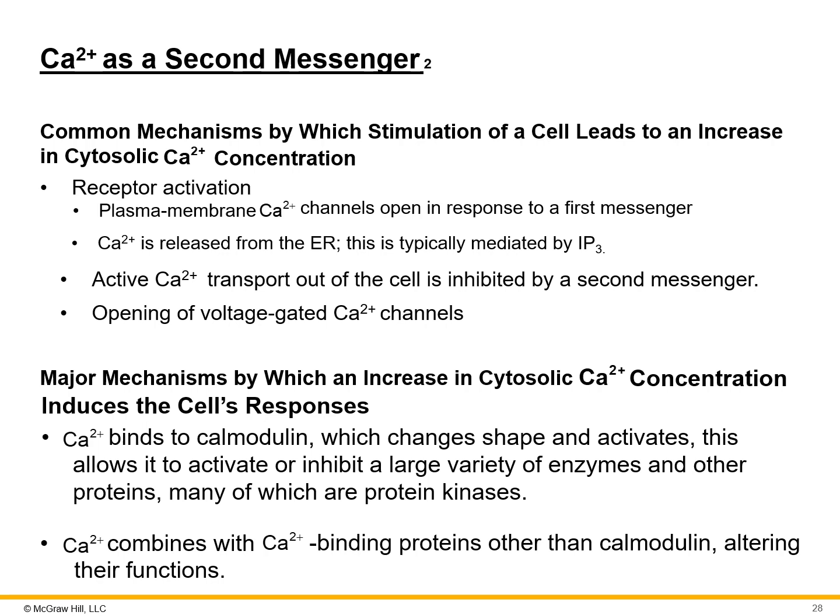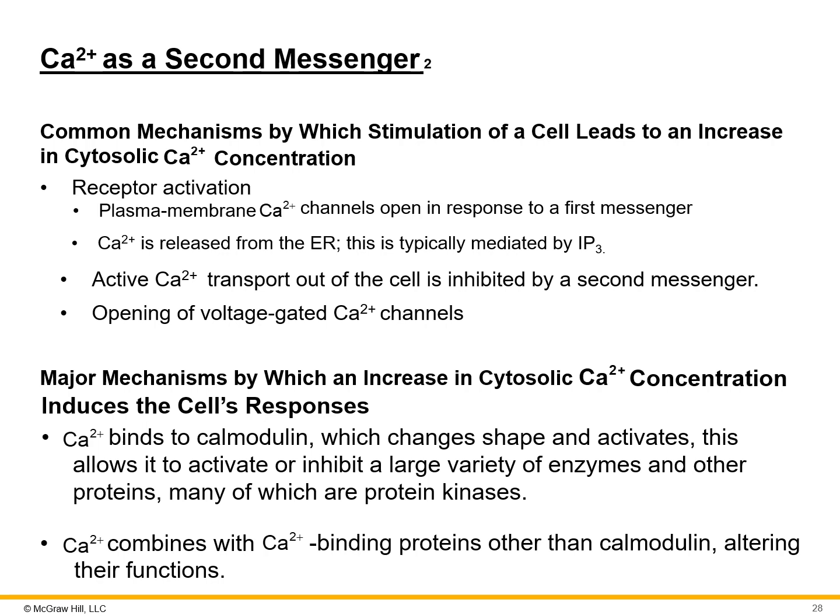Or it can be transported out of the cell when the calcium level is too high, following some sort of signal transduction pathway that opens those gated channels. It can be inhibited from transferring out of the cell by a secondary messenger that keeps it in there once it goes through those calcium channels.